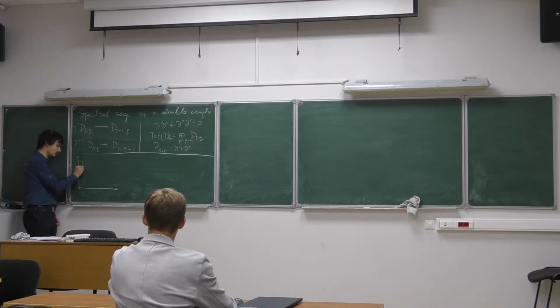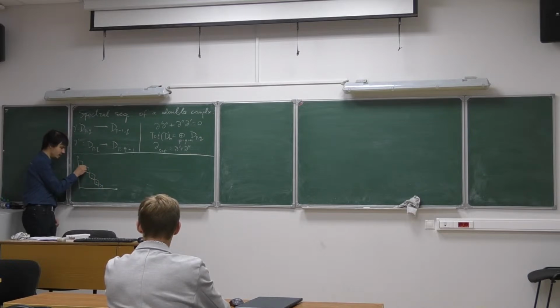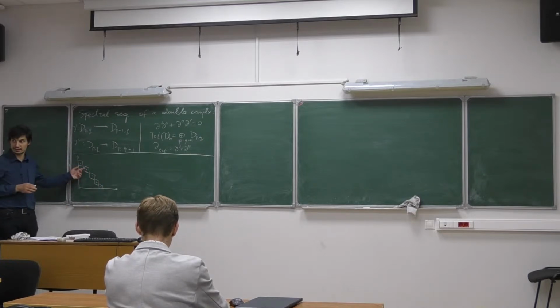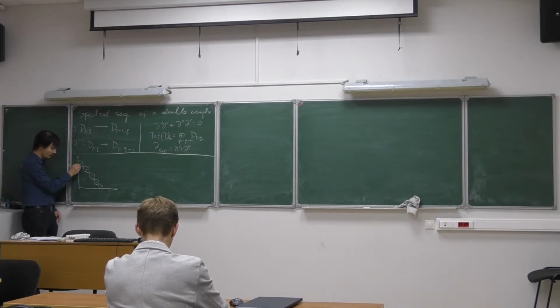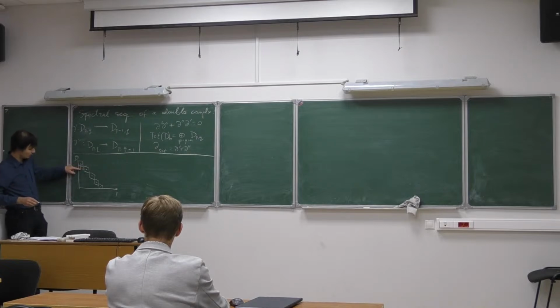A homology class is a set of elements, not a homology class, but a cycle is a set of elements which are situated on a diagonal with the following condition: here we have P, here we have Q, and we have d prime and d2 primes, and these two things should sum up to 0.